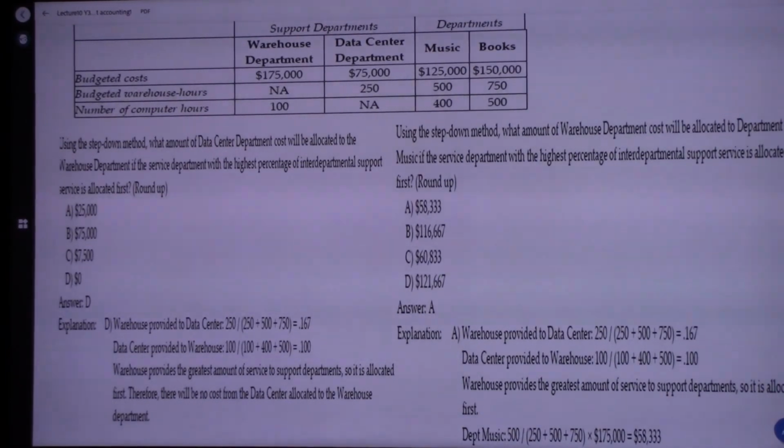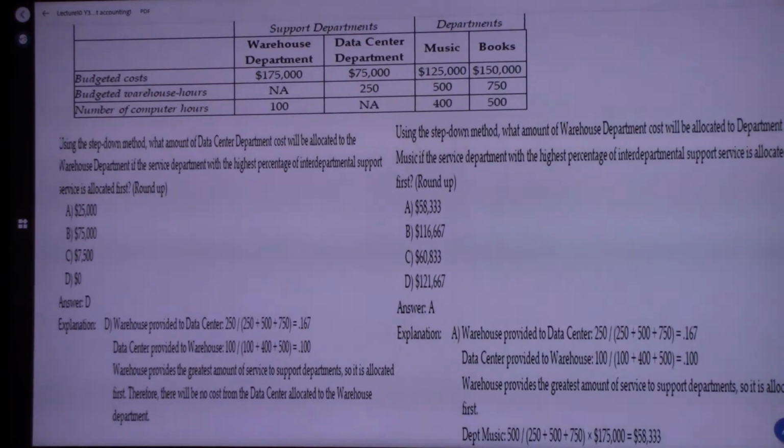And we say you apply step-down, meaning sequential way, meaning that the warehouse is going to allocate cost first. Then data center will allocate to the remaining production departments, meaning I'm going forward, like stepping down, not backward.